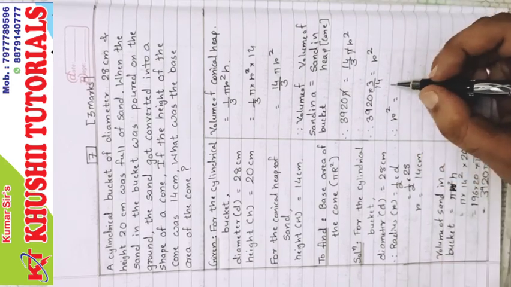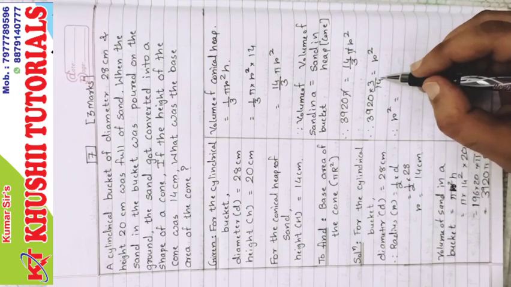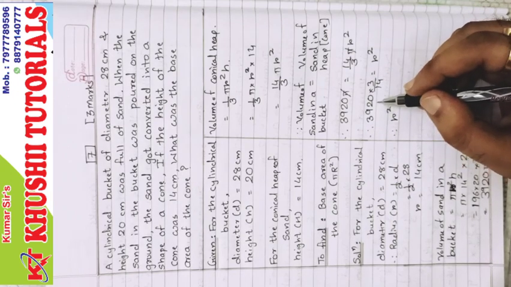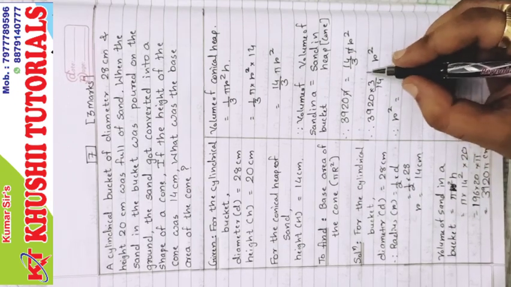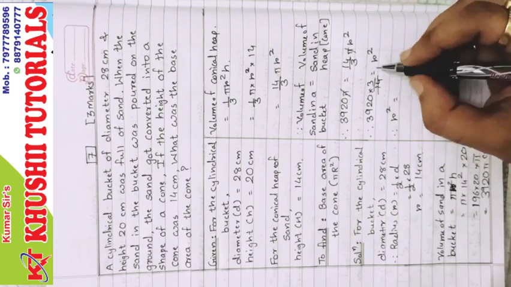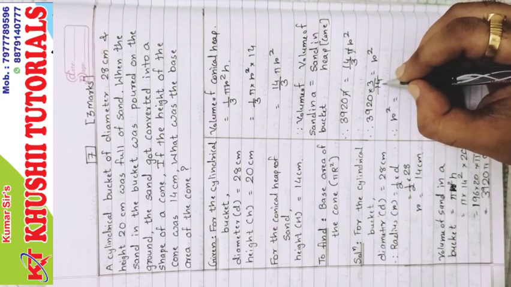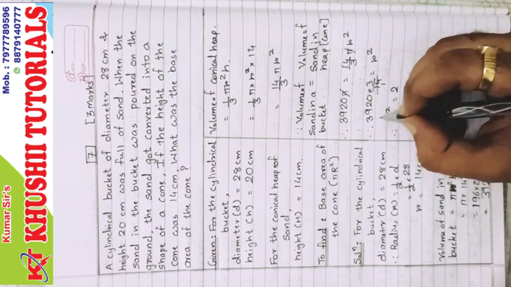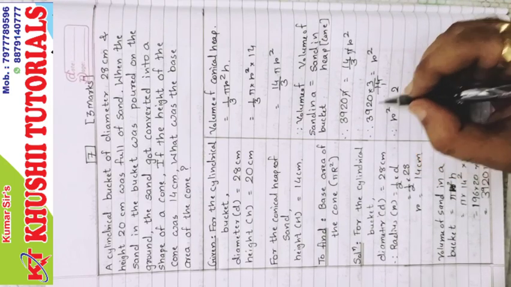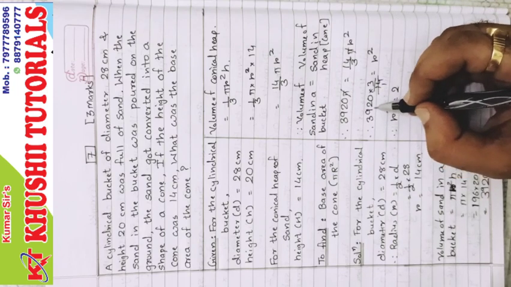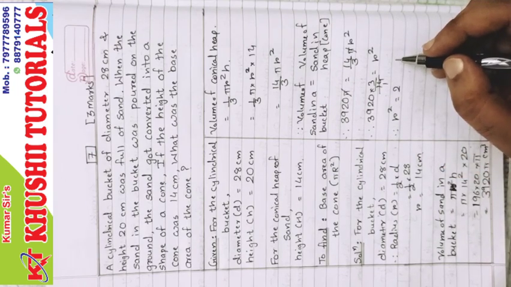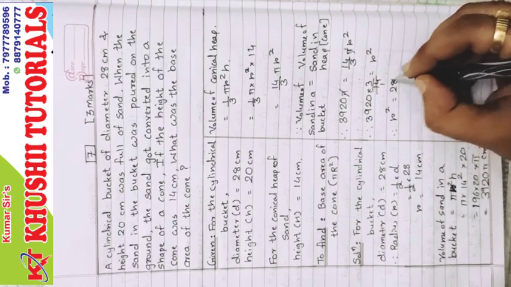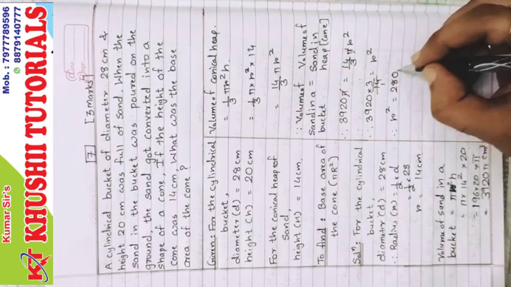So r square equal to, now we will divide these two. 14 ones are 14, 14 twos are 28, 14 eights are 112, and 0.